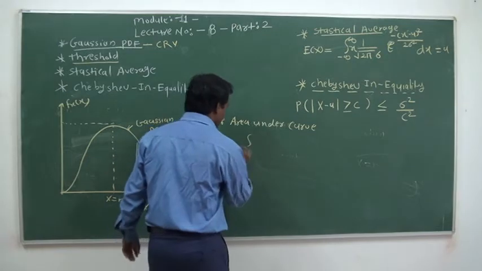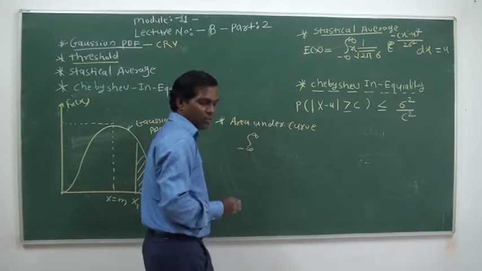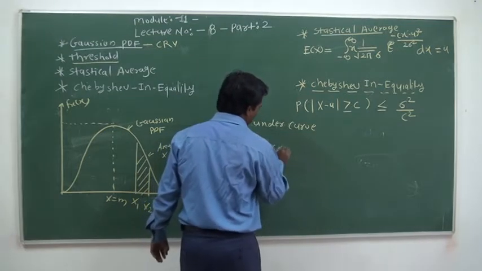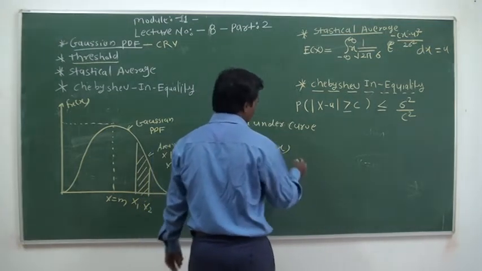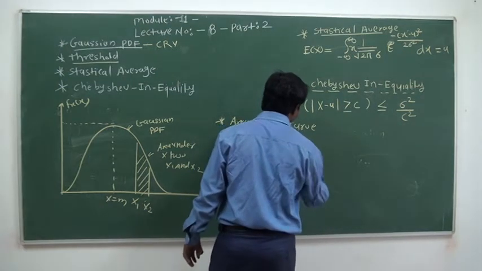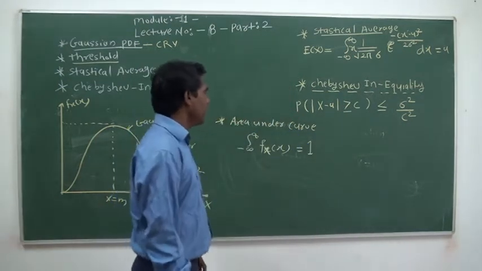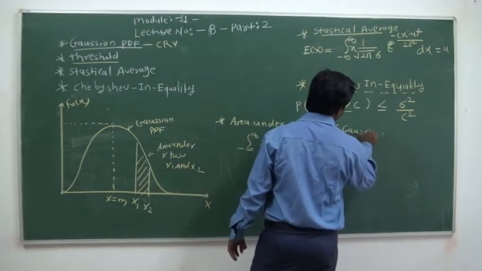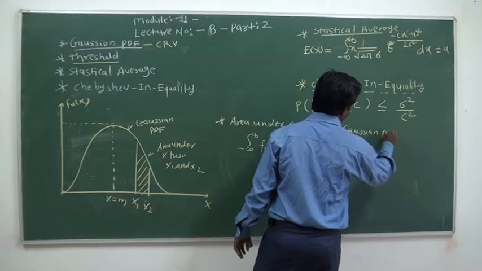So the integral from minus infinity to plus infinity of the Gaussian PDF f of x dx is equal to 1. This is the third property, the area under the curve of the Gaussian PDF.